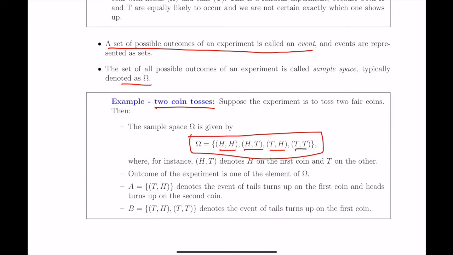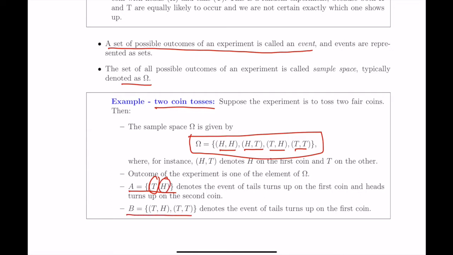Once we have it, we can define subsets of this sample space. Those things are called events. For example, A, let's take it, is the set consists of this particular outcome where first coin has a tail on it and the second coin has head on it. That is one event.